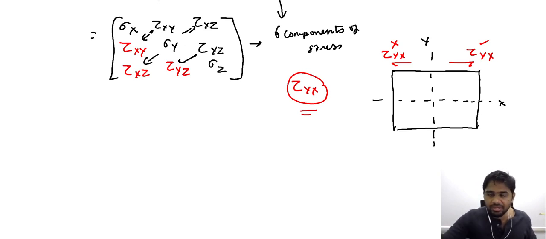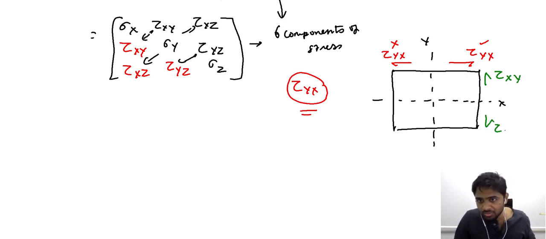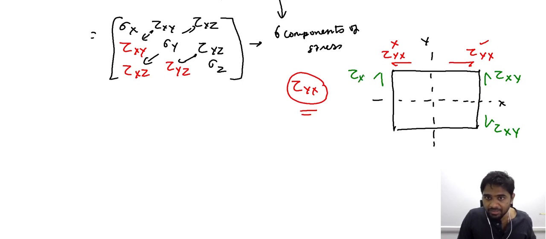We were able to introduce close to 8 shear stresses within this stress square. So far we have introduced 2. This will be acting along the x plane in the y direction, and this is also a shear stress acting on the x plane along the y direction. This shear stress here is also acting on the x plane along the y direction.